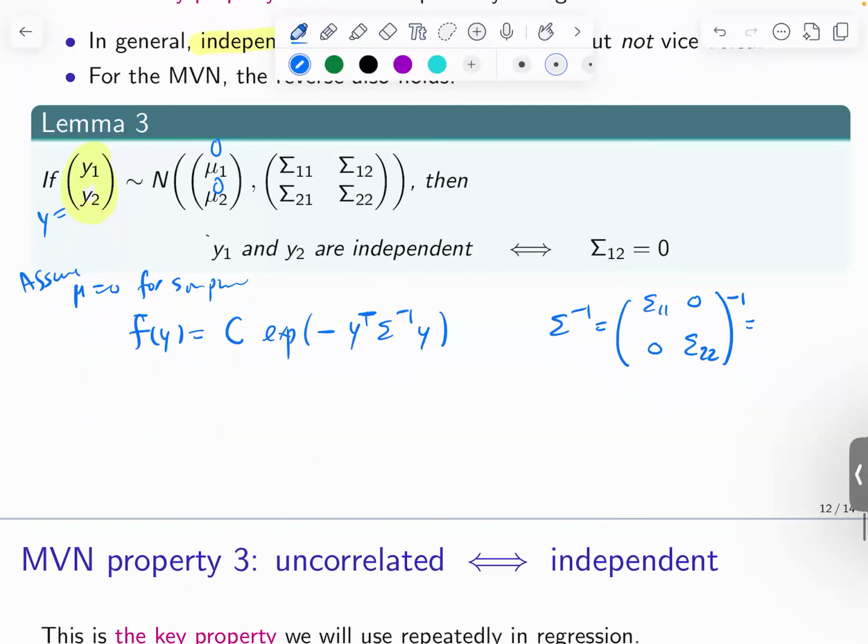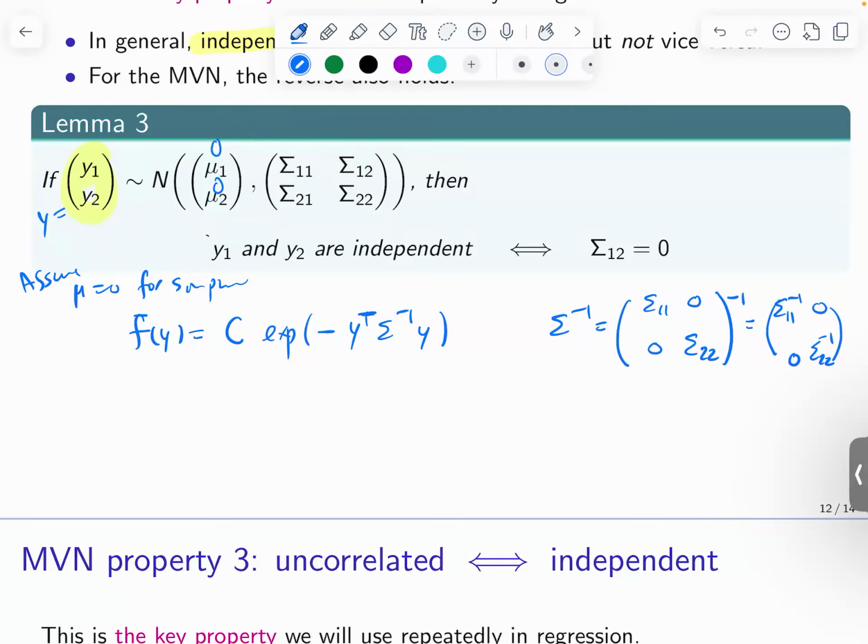And this is a block diagonal matrix, and there's an easy way of writing the inverse. Anyone knows how to invert a block diagonal matrix? I'm just going to invert the diagonals. You can verify that this is the inverse by just multiplying the two. Sigma 2,2 inverse. Again, just put the inverse on the diagonal.